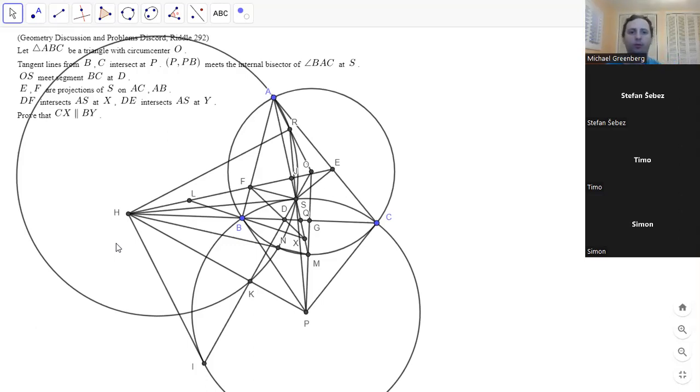Once we show BE, CF, and AD concur by Ceva, that means HBDC is harmonic, and that means HS is tangent, because OB and OC are tangent, so that has to be.